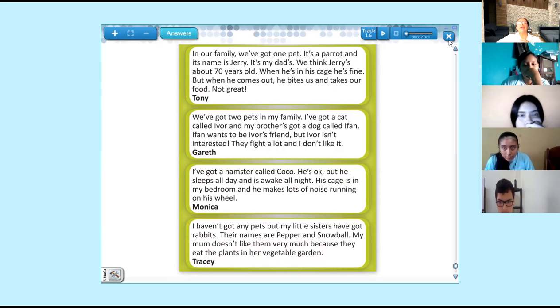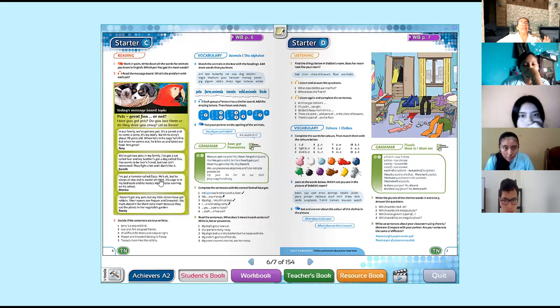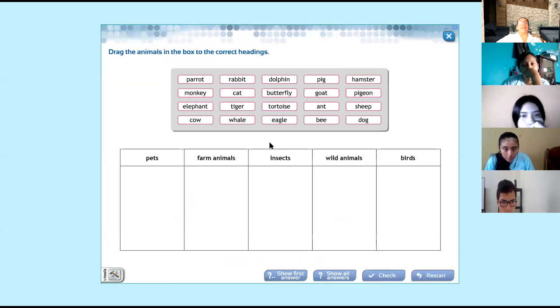In this case here, we have the first part of the reading where you have the opportunity to identify some kinds of animals. We are going to classify the animals. Attention, everybody. Use the annotate bar.